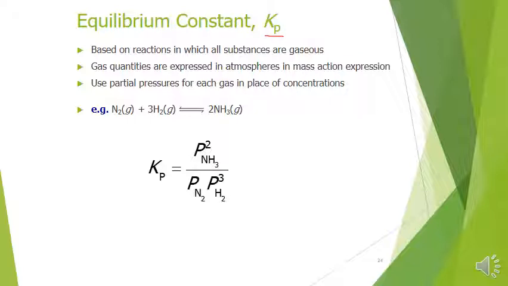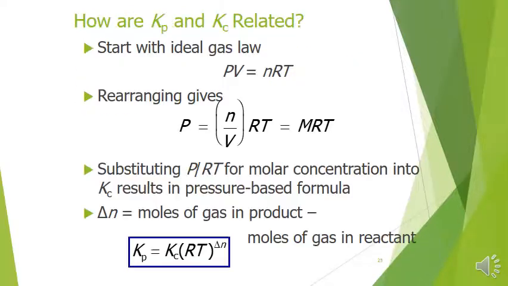So same thing, you have to include the coefficient. Notice there's no brackets here, so it's going to be pressure of NH3 squared over the reactant, which is N2, pressure of N2, times the pressure of H2 to the third power, because there's 3. So here's the equilibrium expression of this reaction if we're just looking at the partial pressures of each gas.